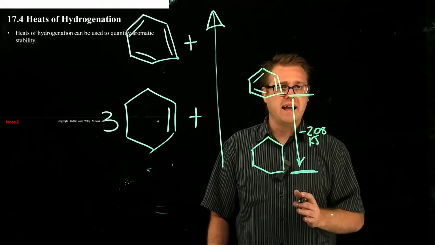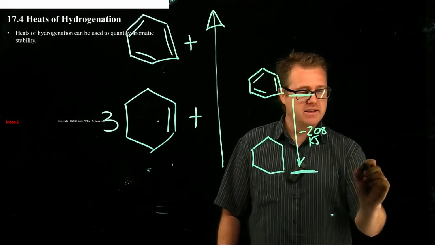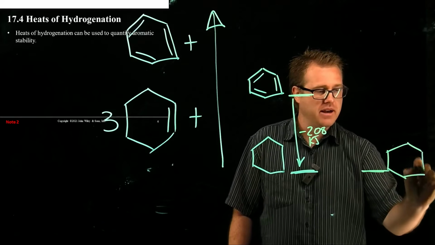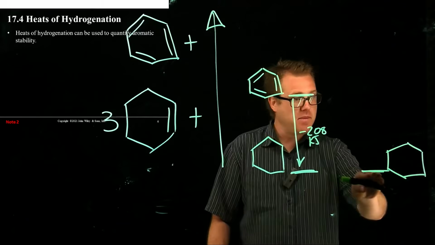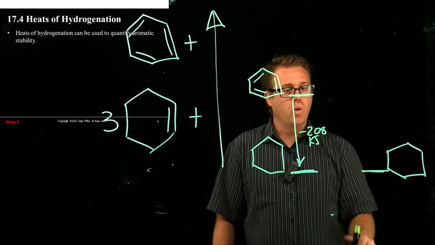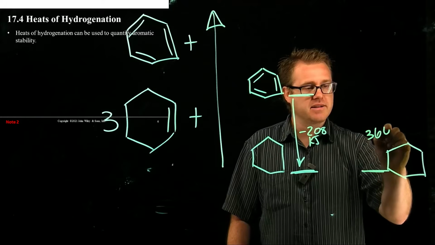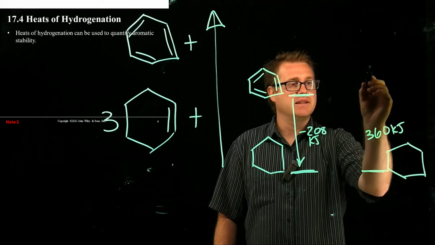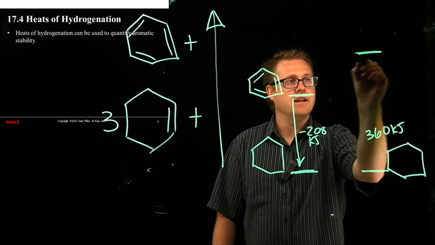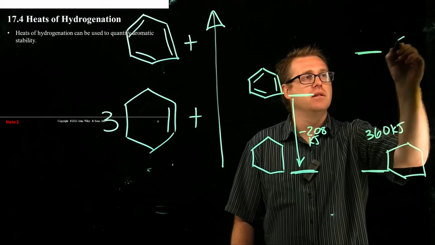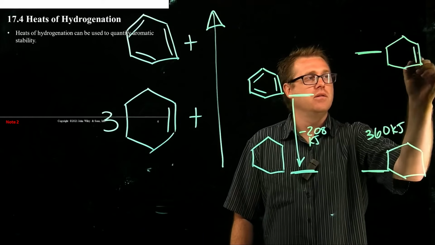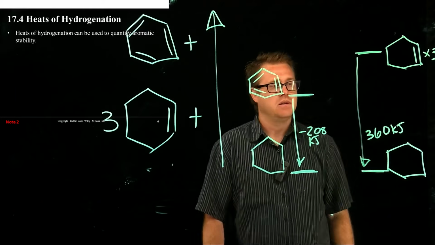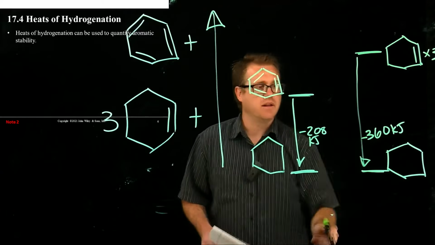So in order for that to happen, because look, it's going to give us the same product, the cyclohexane, same energy level. But in order for it to give 360 kilojoules of energy, that means it had to start at a higher point. That would be a negative.